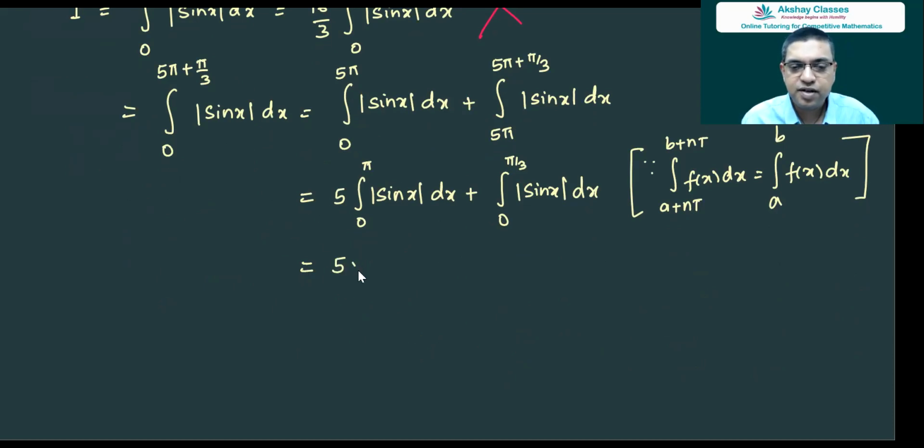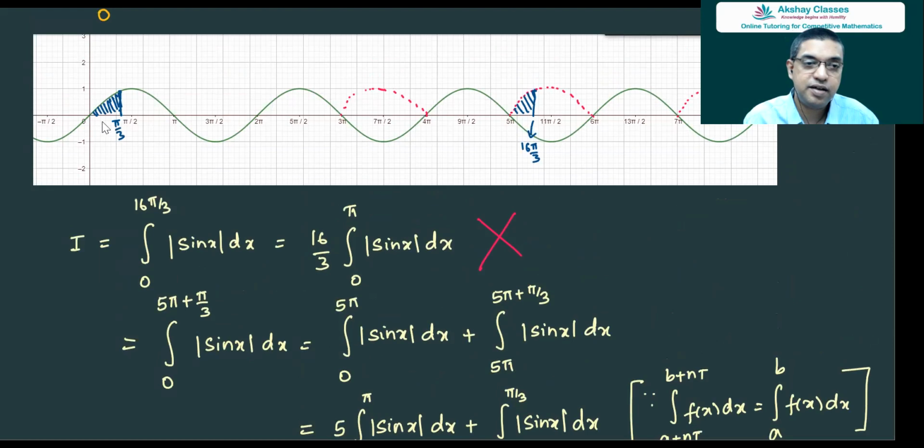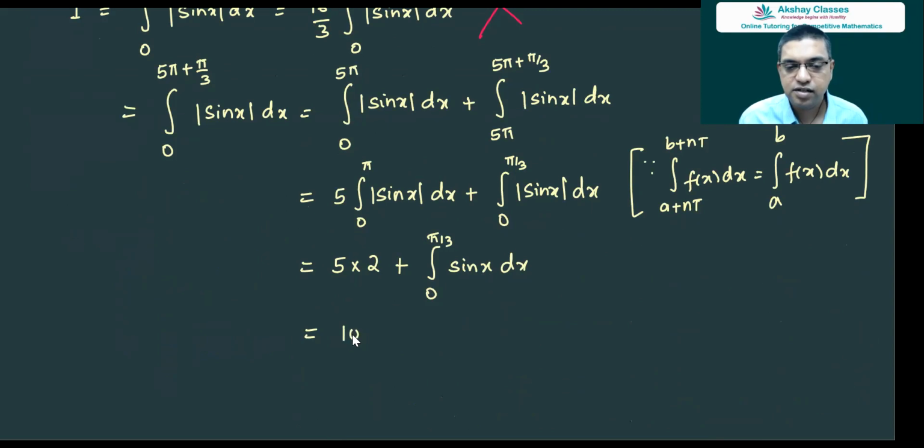Now this is 5 times modulus of sin x from 0 to pi. From 0 to pi, modulus of sin x will be sin x. The whole integral value is 2. All right. Here it will not be 2. You will have to evaluate it. Modulus of sin x will be sin x in this interval. All right. In 0 to pi, it will be sin x only.